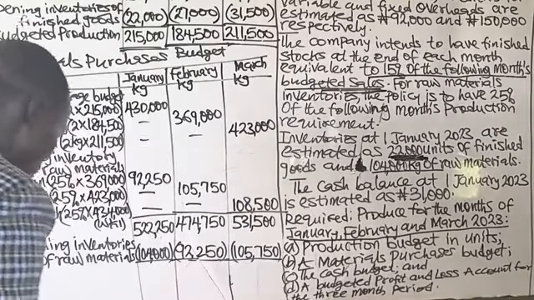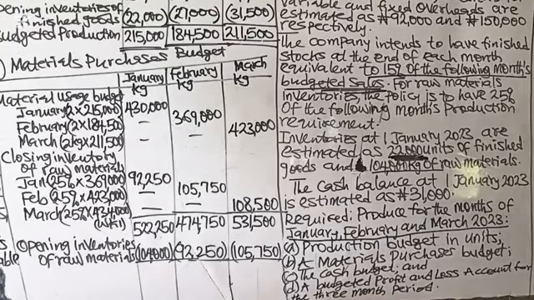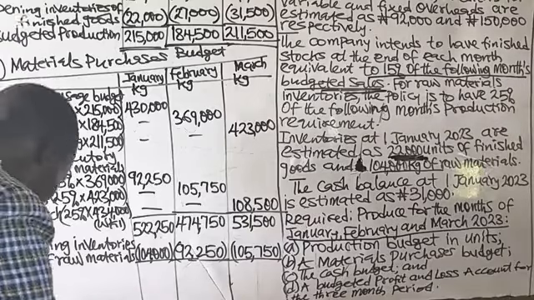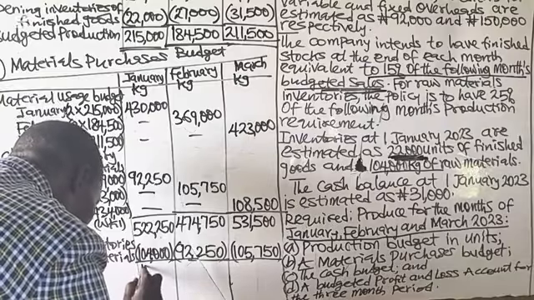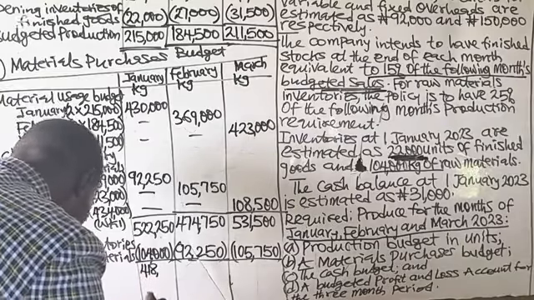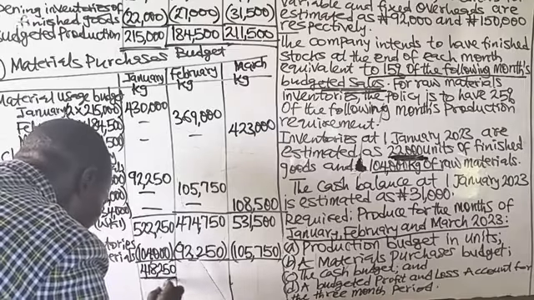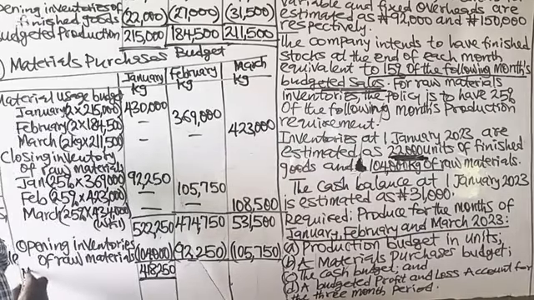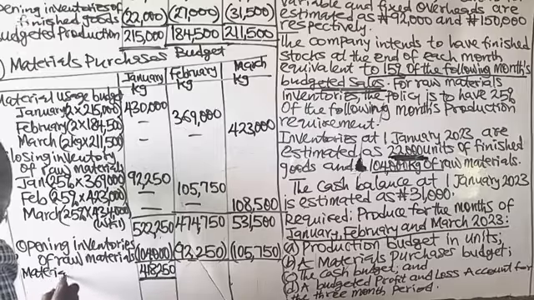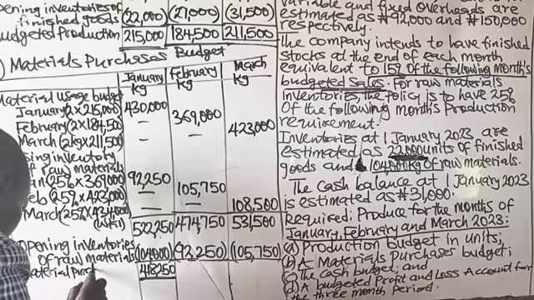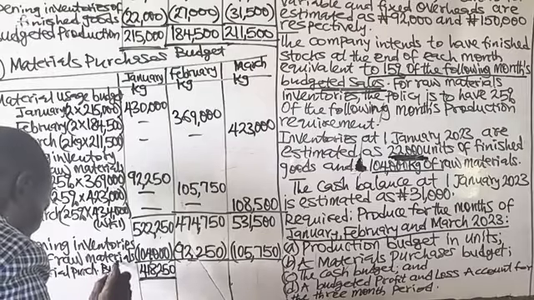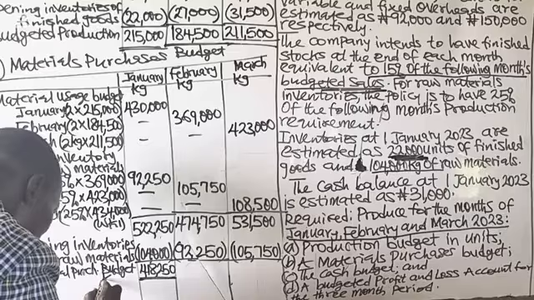If you subtract the opening inventory, then you have the material purchase budget in quantity, in kg: 418,250. That is the material purchase budget in kg.